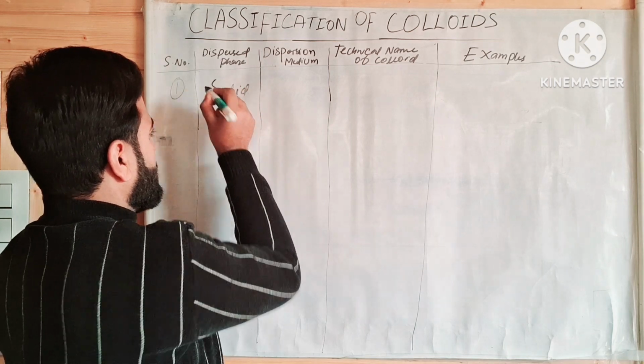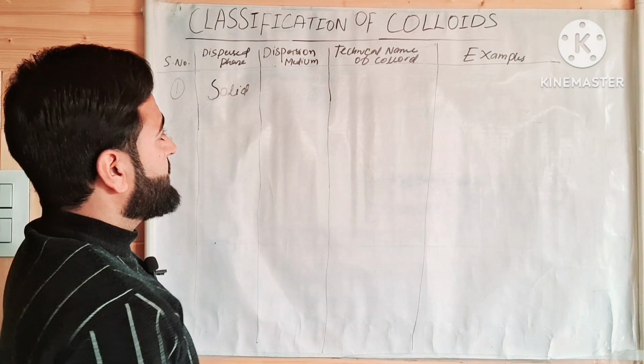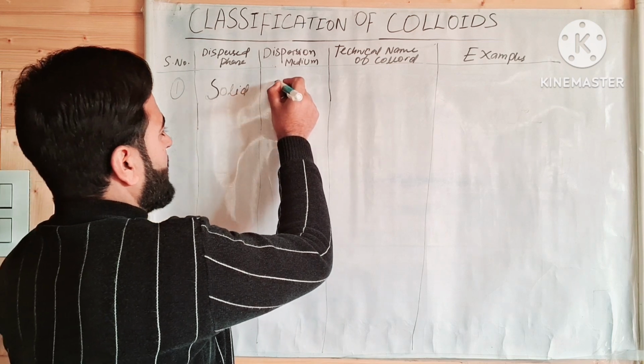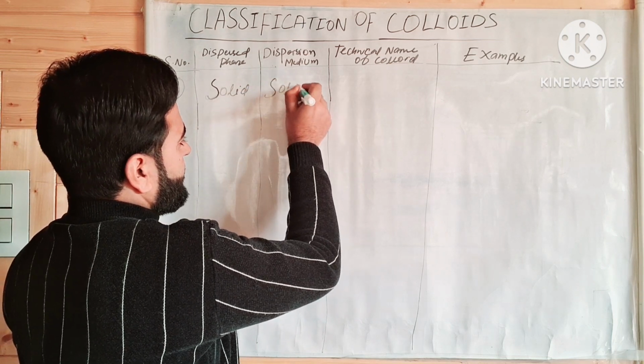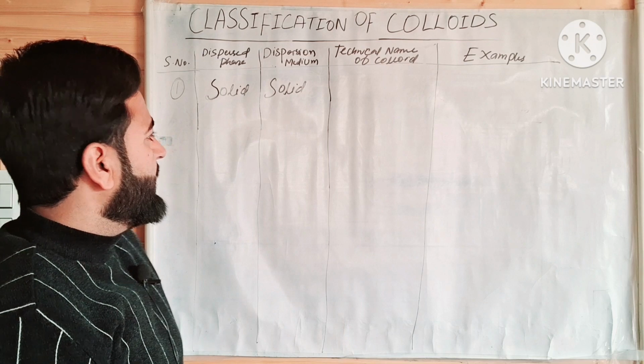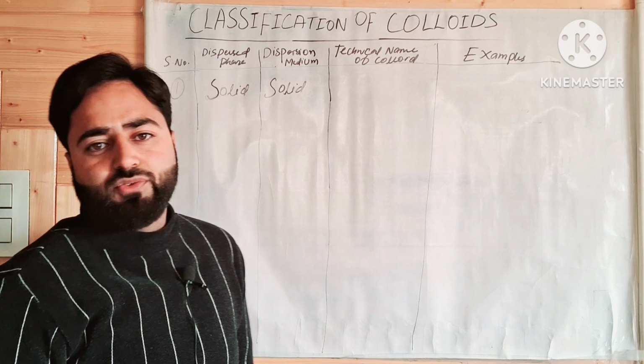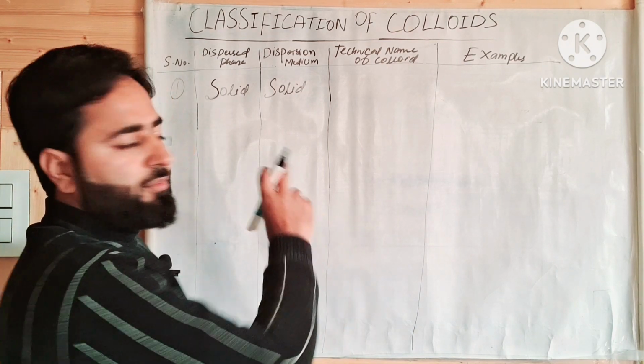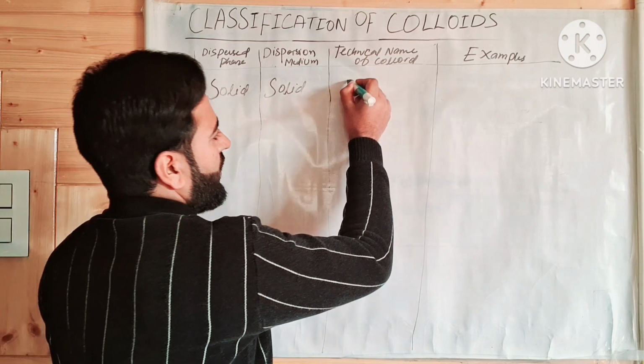The dispersed phase is solid, and the dispersion medium is also solid. That is, if we dissolve solid in solid, the technical name of the colloid will be solid sol.